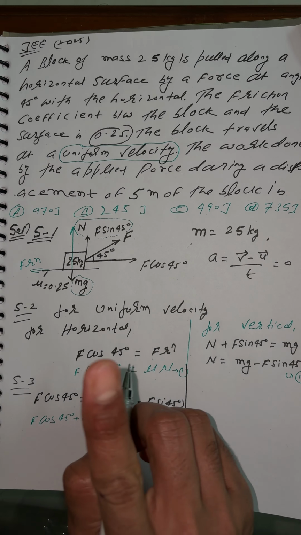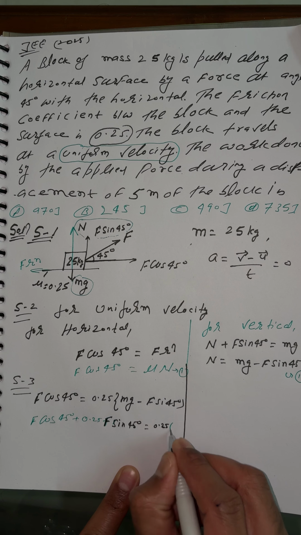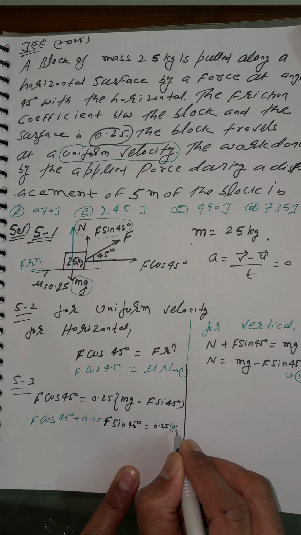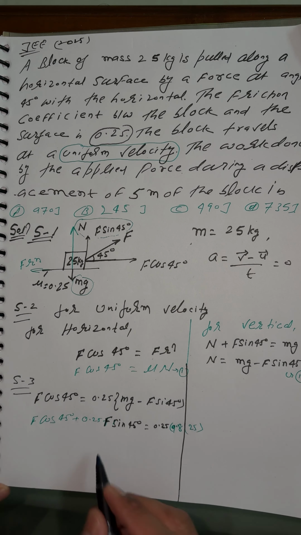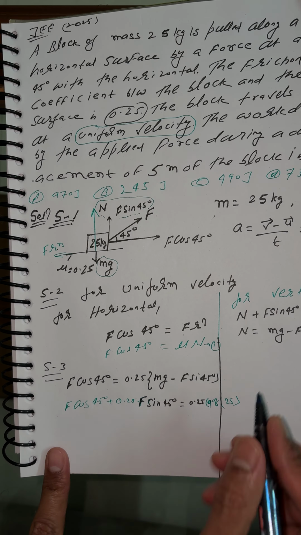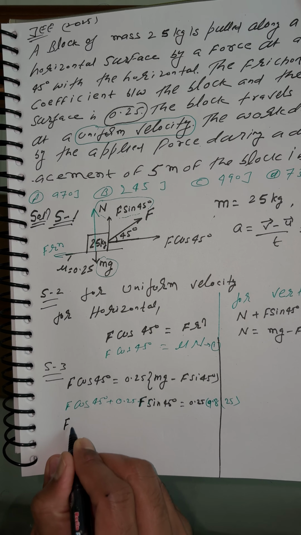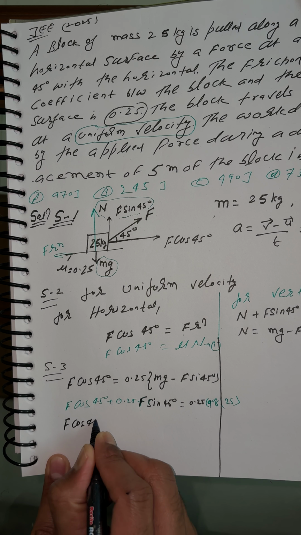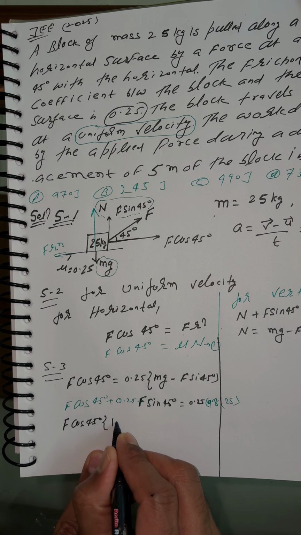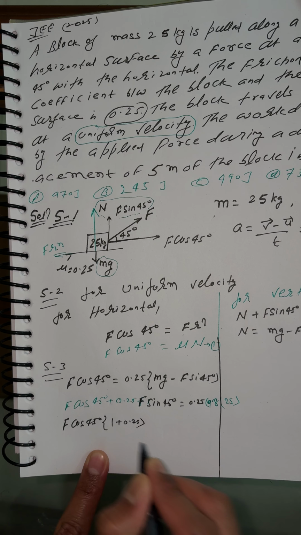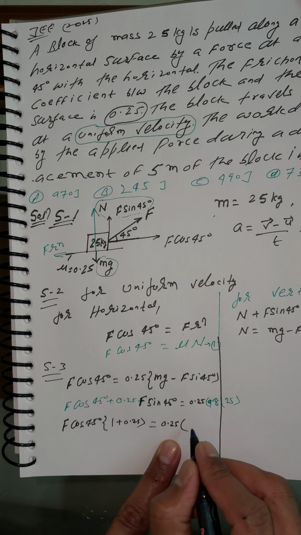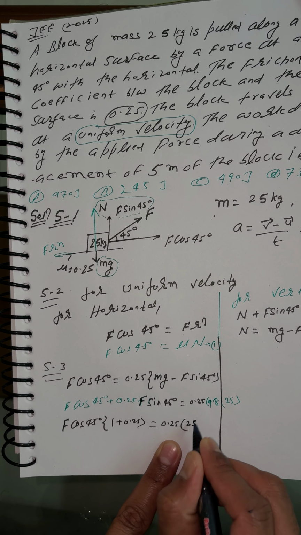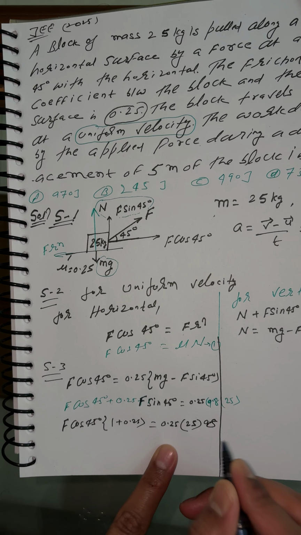They didn't mention g, so you can't take 10. Keep in your mind. You can take 9.8 into 25. So here you can take F, sin 45 and cos 45 remain the same. So you can take F cos 45 common: 1 plus 0.25, which is equal to 0.25 friction coefficient, mass 25 into 9.8.